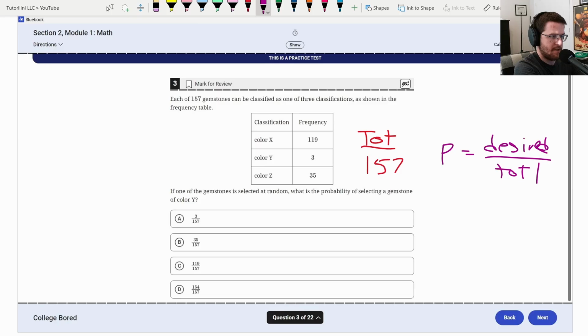And the question says if one of the gemstones, so they're all gemstones, so that means out of everything. So our total is going to be 157. Selecting a gemstone with color Y. So we're going to do 3 desired over the total of 157. And that gives us answer choice A.